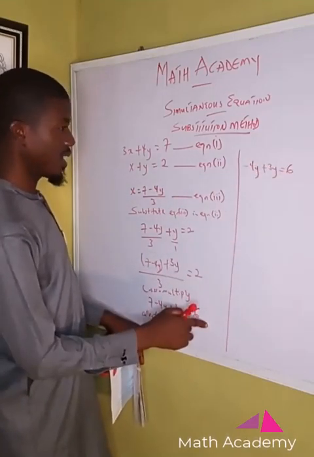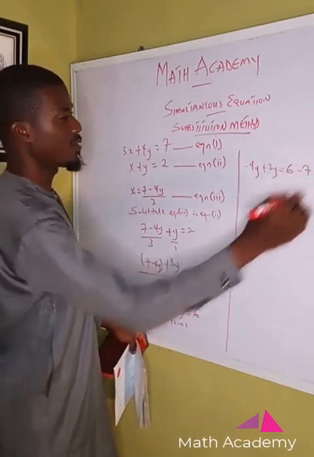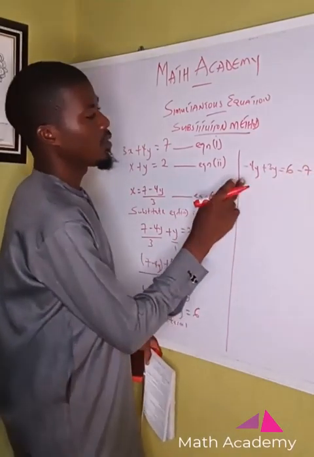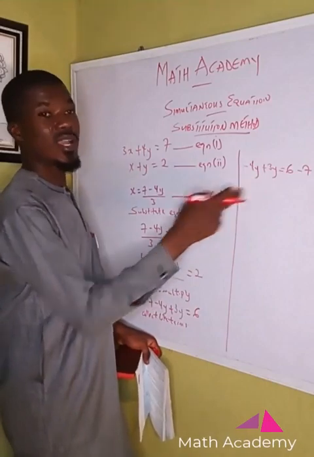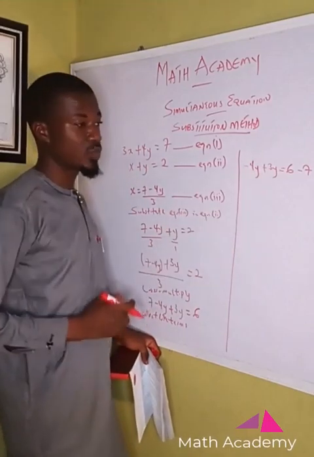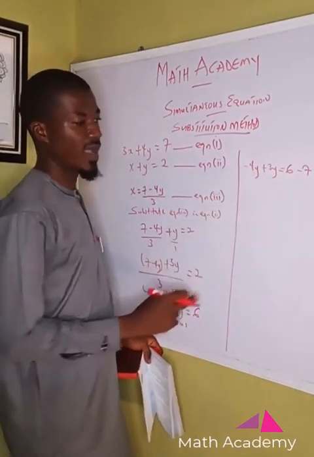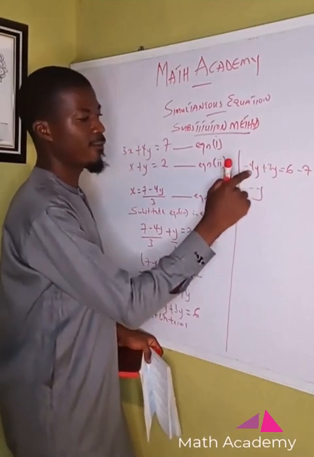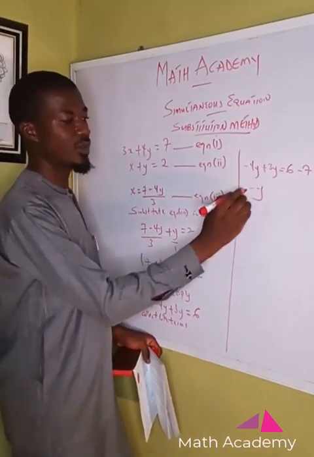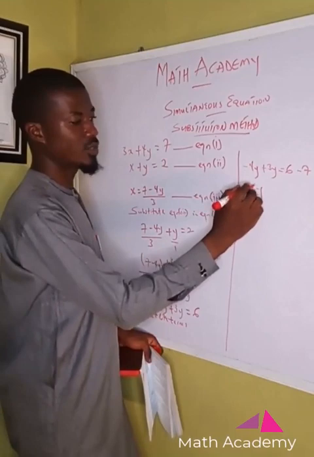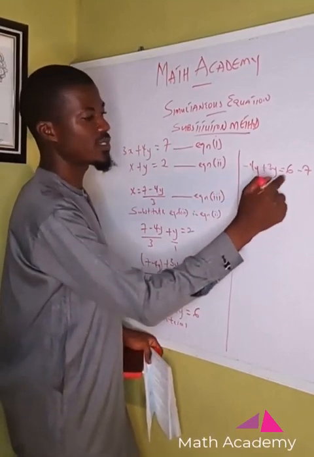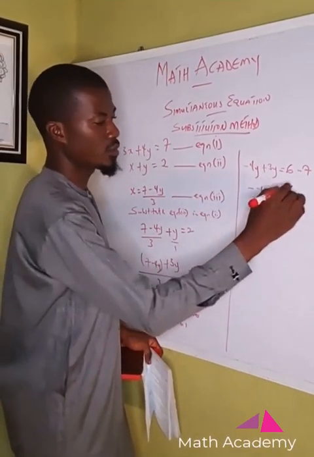This 7 comes here and becomes minus as well, minus 7. So minus 4y plus 3y equals minus y. 4 is the highest value and it takes the sign, so minus y, which is minus 1y anyway. Equals 6 minus 7, which is also minus 1.